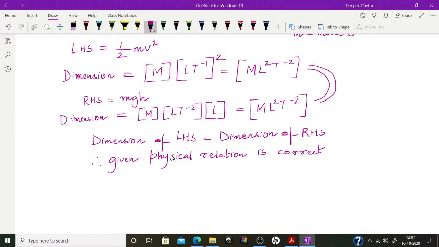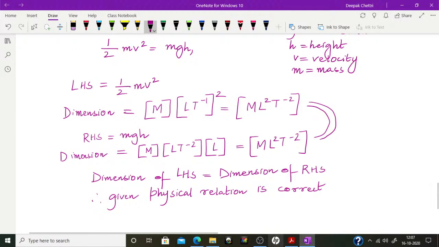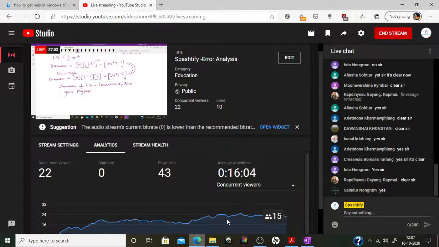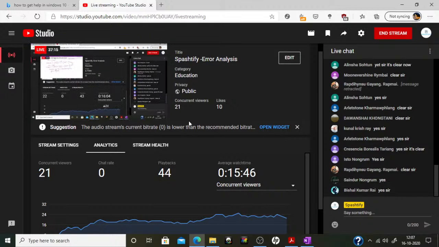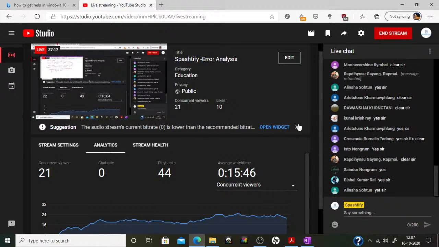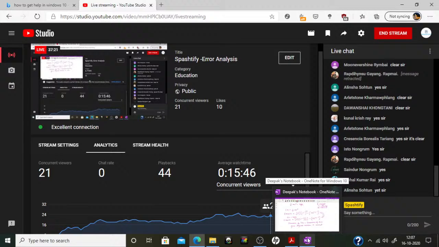Understand, yes or no? Is this clear? Okay, so that is the second type of application that we have for dimensional analysis.